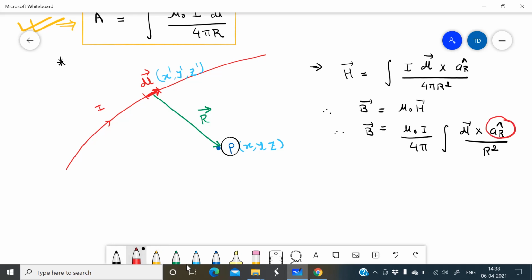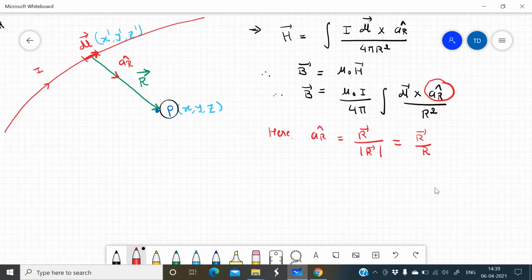What is AR? AR is a unit vector, and a unit vector gives only direction. We can define AR as the r vector upon the magnitude of the r vector, which is also written r only. So AR is equal to r upon r.